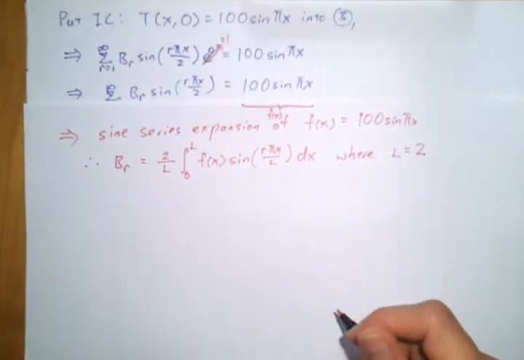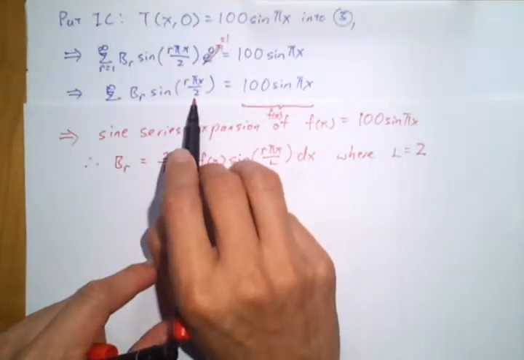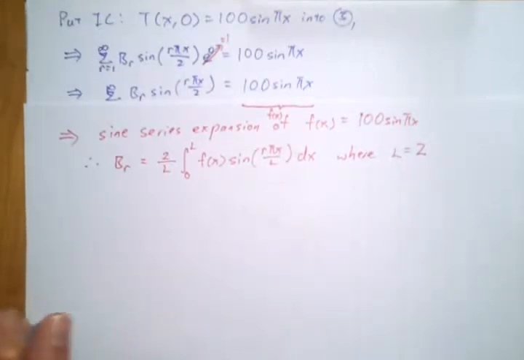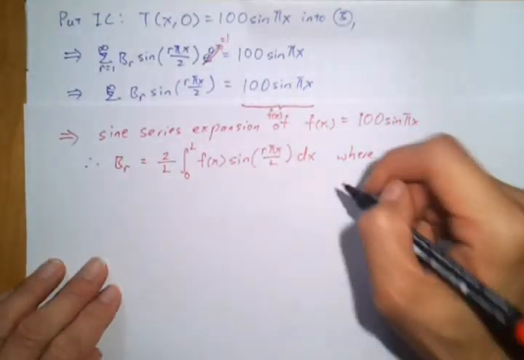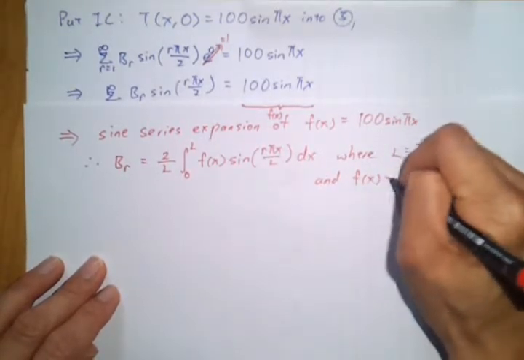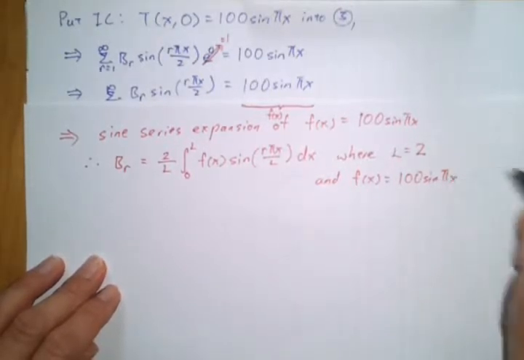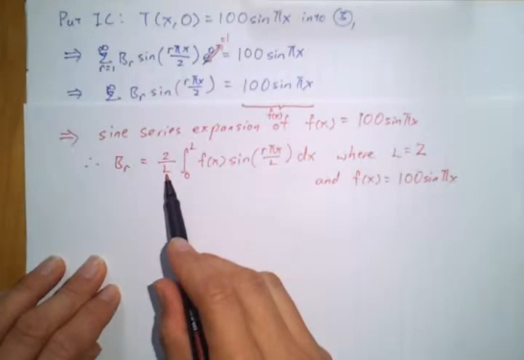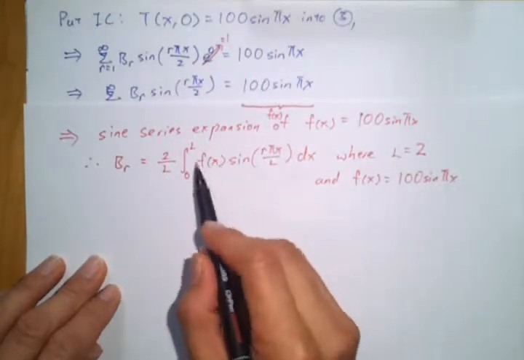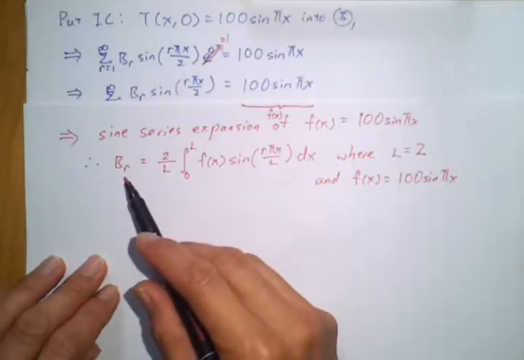You can see the 2 is coming from here, and 2 is also the length of the rod. And f(x) is simply 100 sine pi x. So you put L equals 2 and f(x) equals 100 sine pi x into here, do the integration, and you can find B_r.